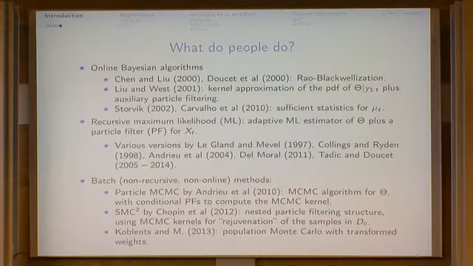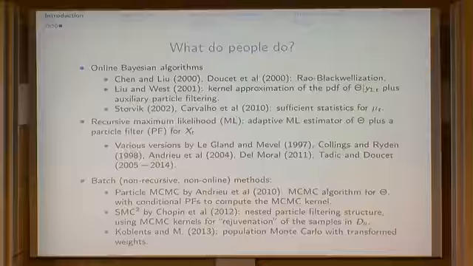Since designing Bayesian methods to approximate the posterior distributions seems so difficult, many people looked at different alternatives. One of the most popular is the recursive maximum likelihood algorithm. Actually, we had Tadic last week talking about it. The basic idea is that you have a stochastic approximation algorithm, some kind of gradient algorithm, to maximize the likelihood of the parameter.